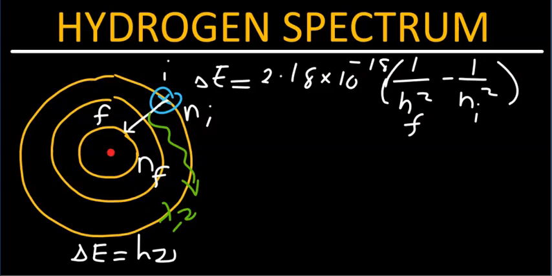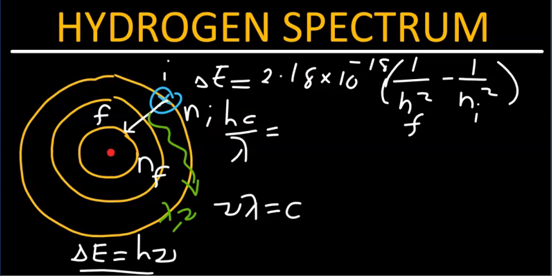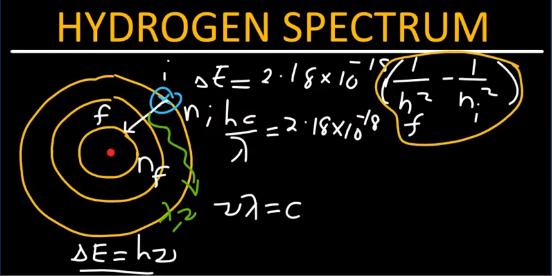Substituting this result for that, and also realizing that frequency times wavelength is the speed of that radiation, in this case the speed of light, delta E simply becomes hc over wavelength, which equals 2.18 times 10 to the power minus 18 times all that.